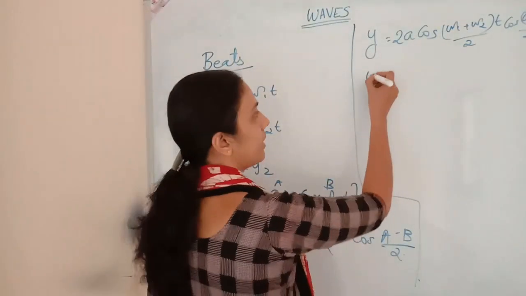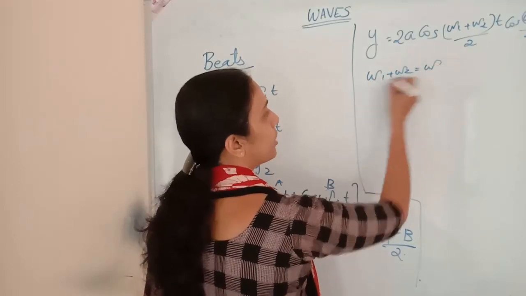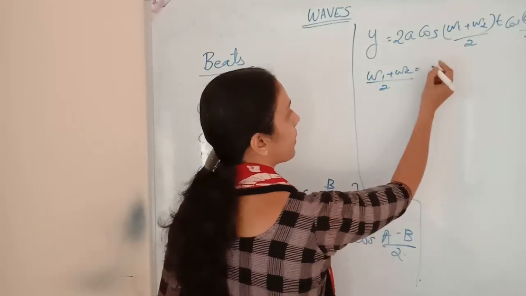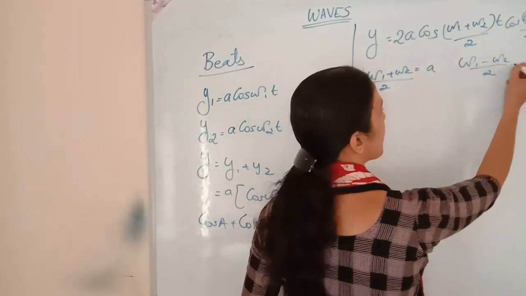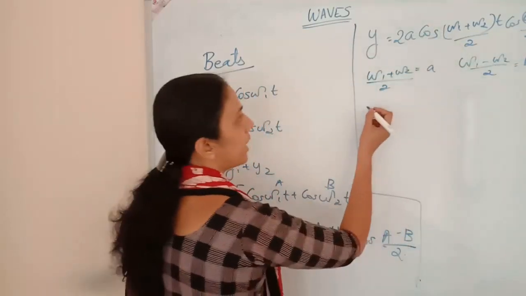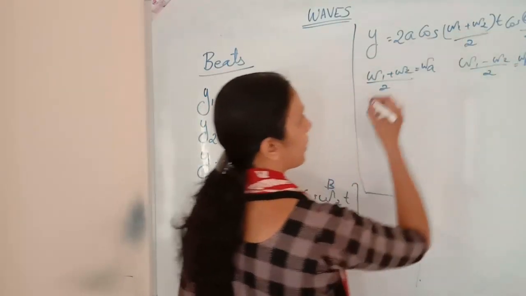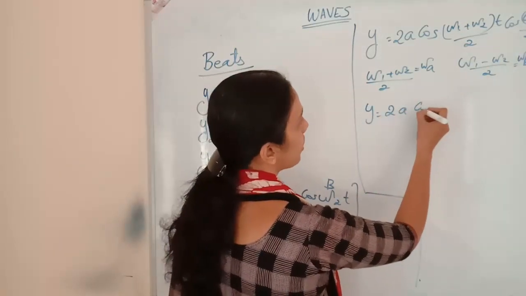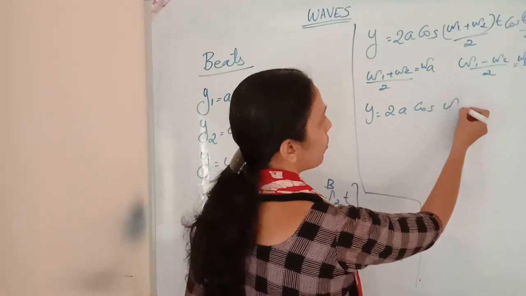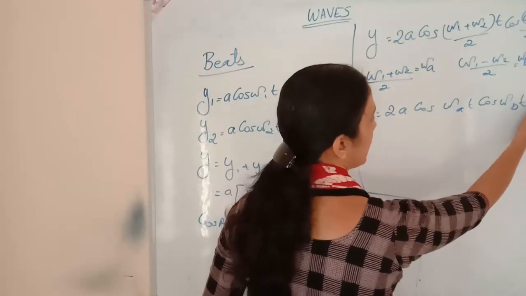Here we are considering (omega 1 plus omega 2) by 2 as omega A and (omega 1 minus omega 2) by 2 as omega B. Then y is equal to 2A cos omega A t cos omega B t.